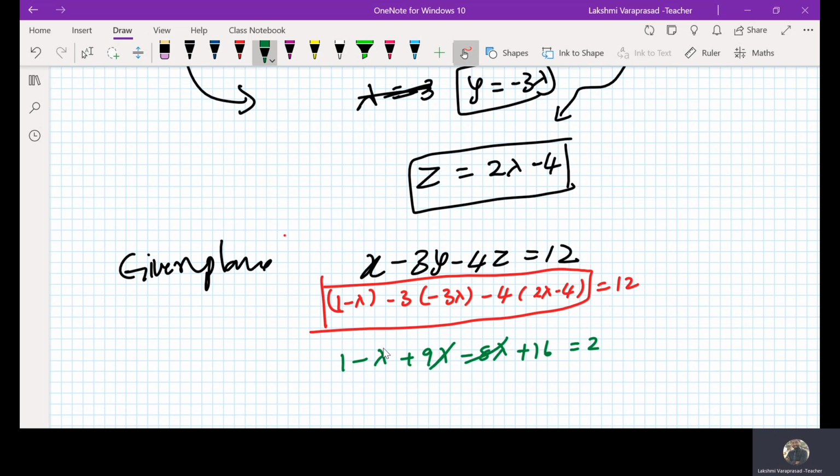So 9 lambda and 8 lambda, it will get cancelled. So very interesting, we got 17 is equal to 12? No, not equal. That means that they do not intersect.